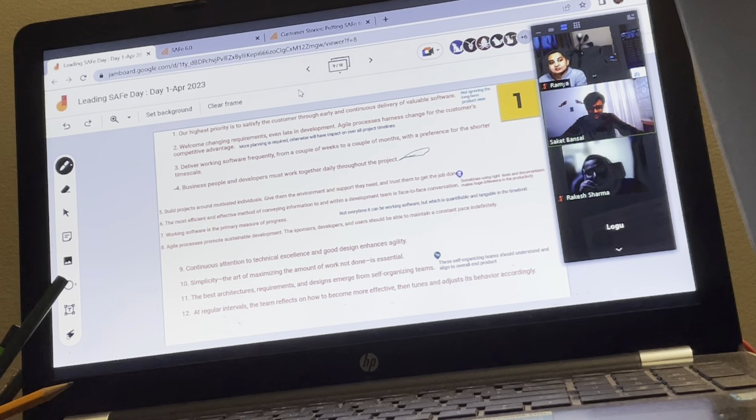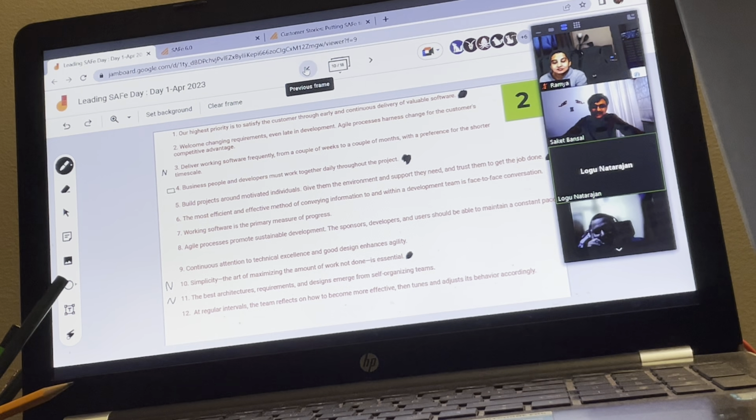Yeah. I think Saket, in the Lean SAFe workbook, there's a clear way: the question is very clear, like which works and which needs to be changed. Yeah. It was really clear, but here, when we just need to discuss it without the options, it is slightly difficult to align clearly.